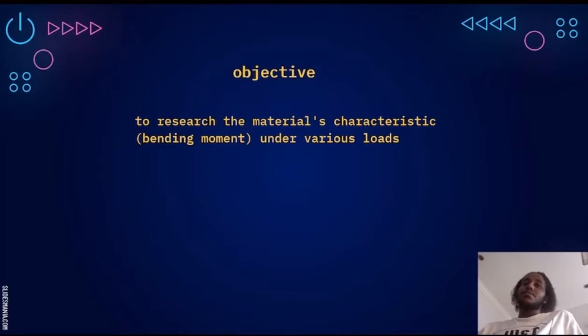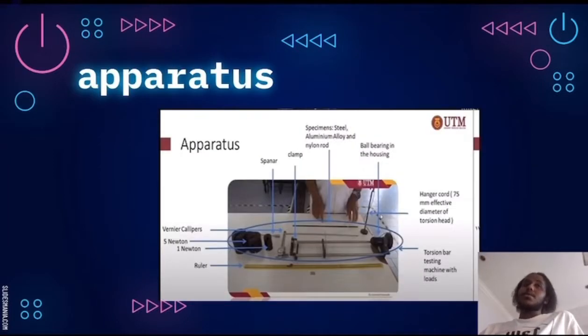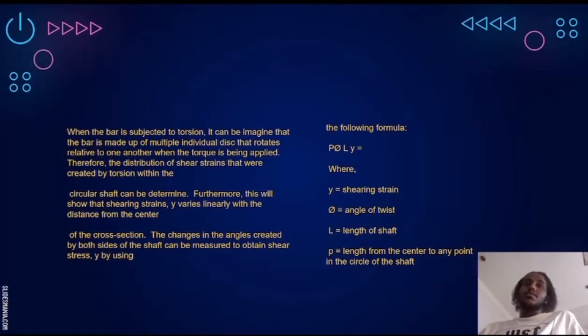Objective: to research the material's characteristic torsion under various loads. Theory and related applications. When the bar is subjected to torsion, it can be imagined that the bar is made up of multiple individual discs that rotate relative to one another when the torque is applied.